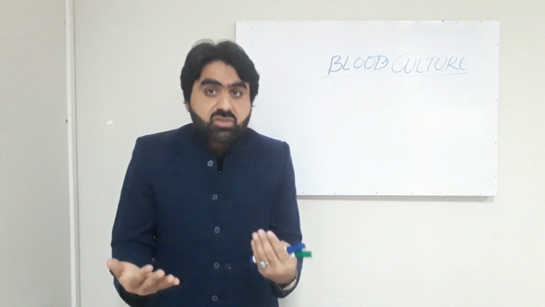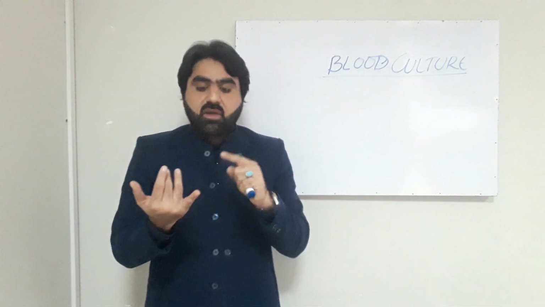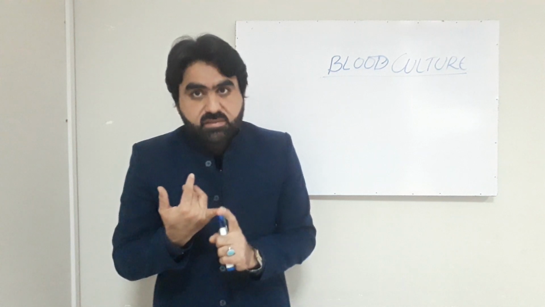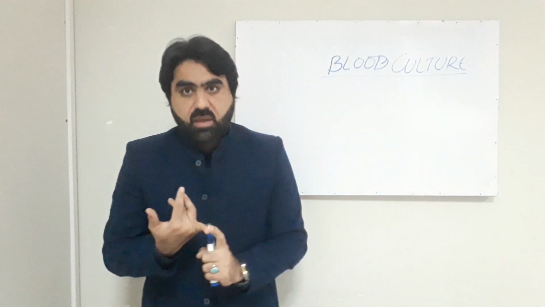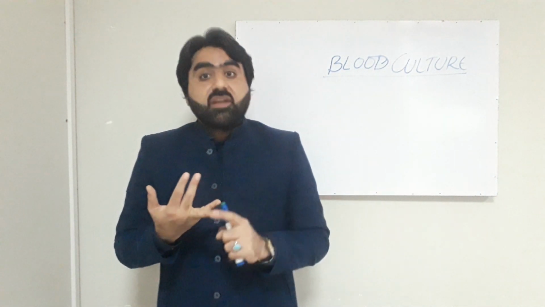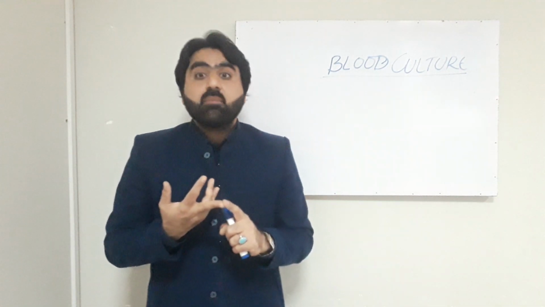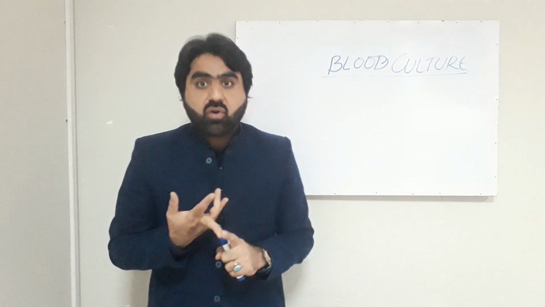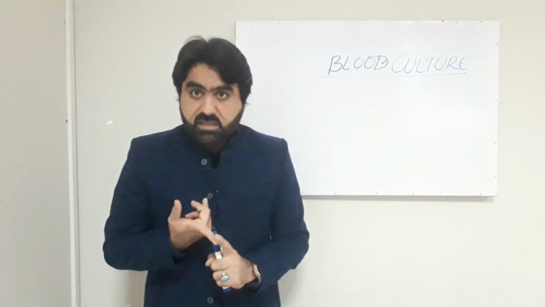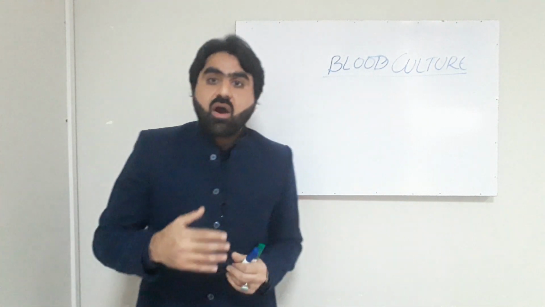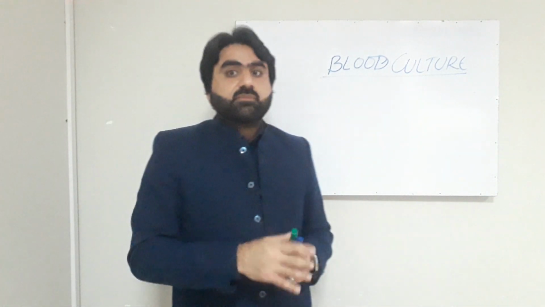What are the most common contaminants? The most common contaminants are the coagulase negative staphylococci like Staphylococcus epidermidis, and diphtheroids which are present on the skin, species of Micrococcus, species of Bacillus. So these are the common skin contaminants which can be found in the blood culture.